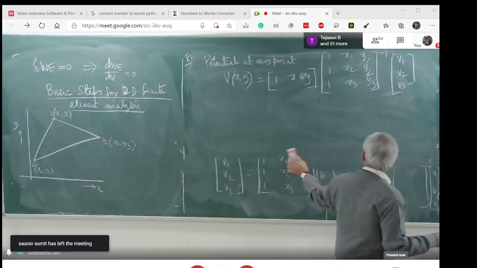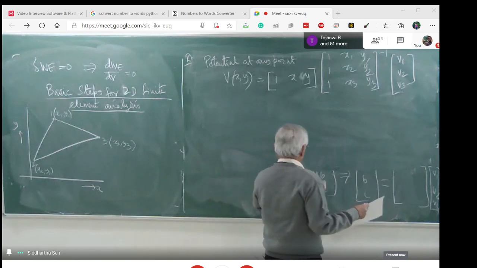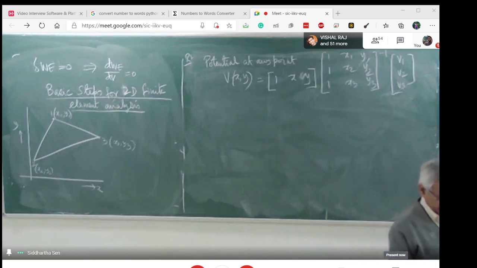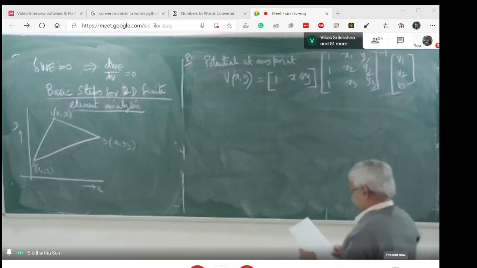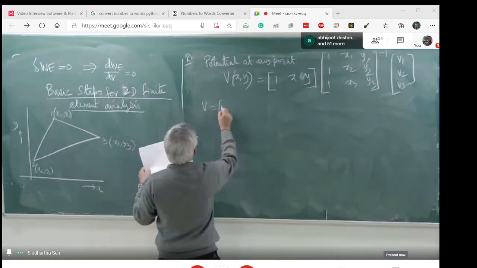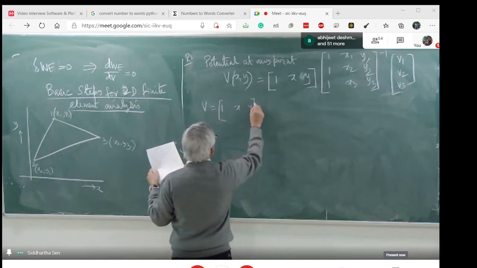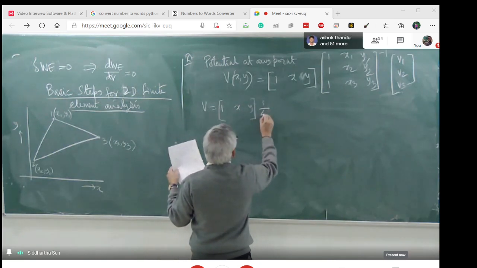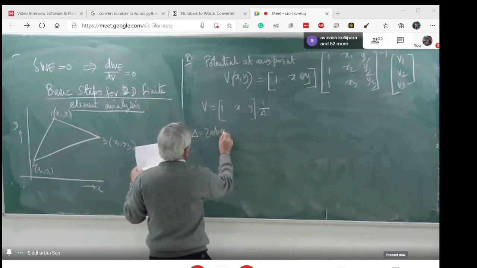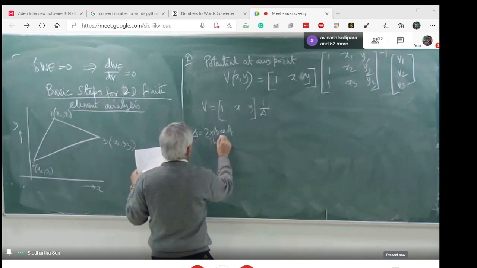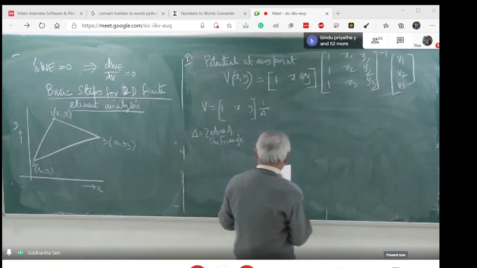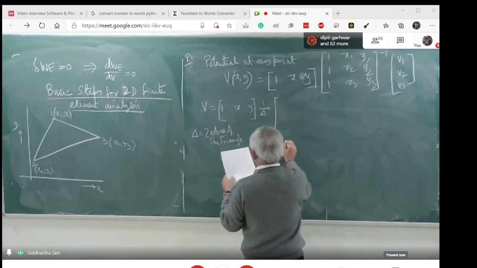V is equal to 1, x, y times 1 by delta, where delta is twice the area of the triangle. These are simple matrix inversions, 3 by 3 only.